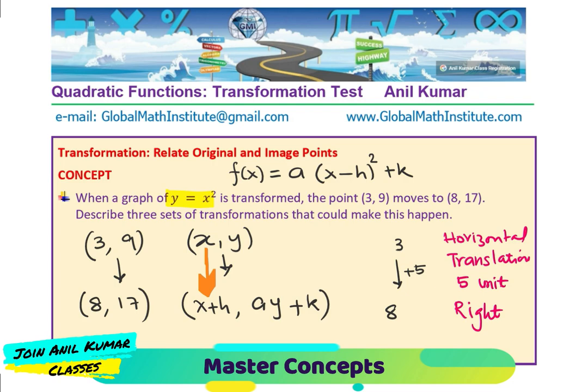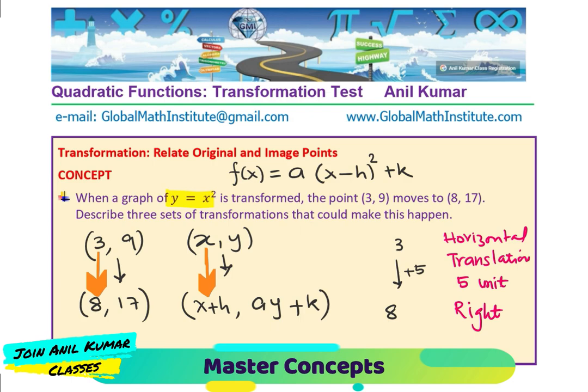Since we have taken a very simple case where there is no horizontal stretch or compression, the only change is of 5 units. Perfect. So as far as horizontal transformations are concerned, 5 units right is one solution.